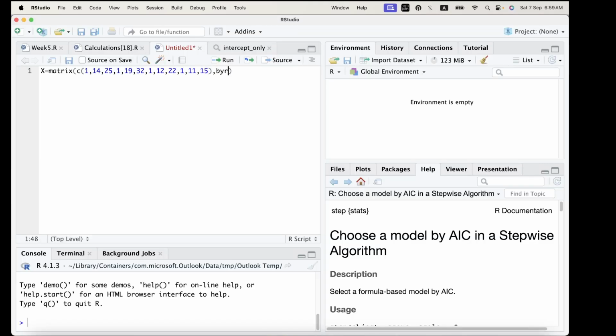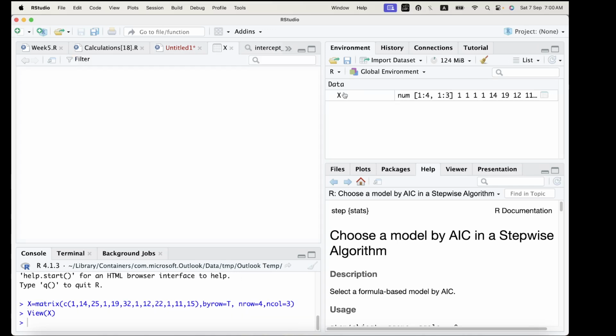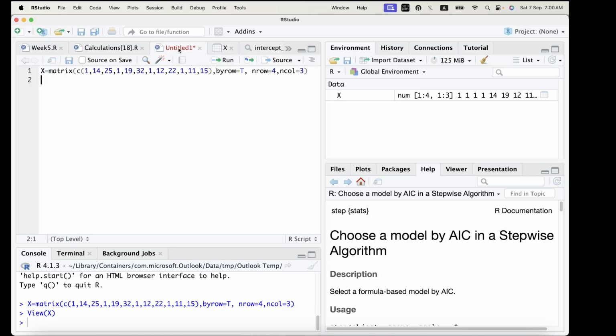We'll give byrow equal to TRUE, nrow equal to 4, ncol equal to 3. Let's see if the matrix is created properly or not. Yes, the matrix has been created.